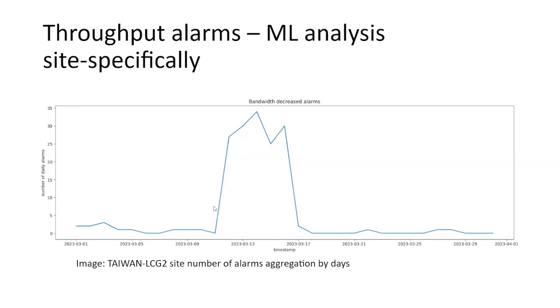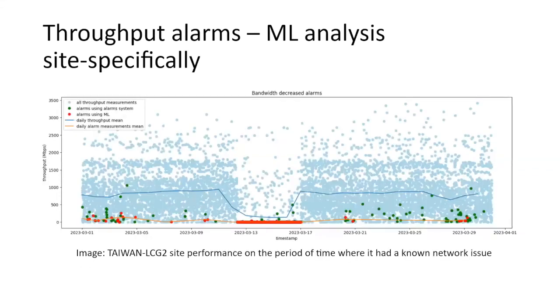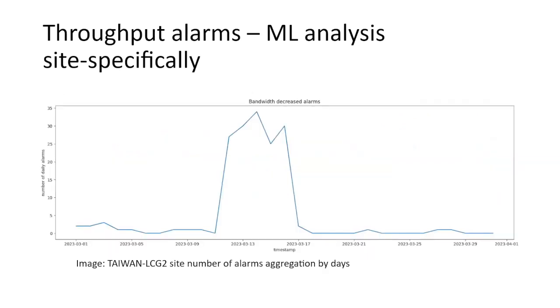So to not look through all the sites in our data for sites which have some visible problems, an algorithm was created that looks through each and every site and creates an alarm if there is a high increase in the number of alarms through a couple of consecutive days.